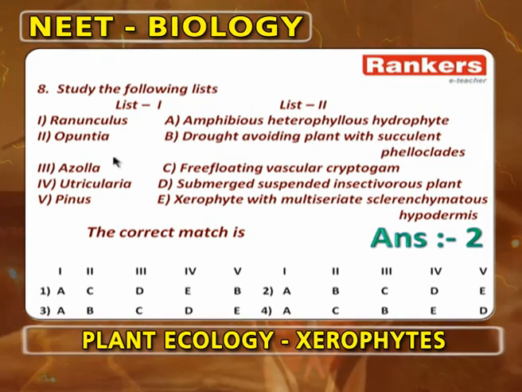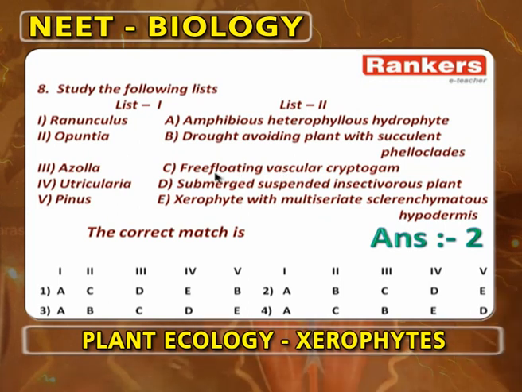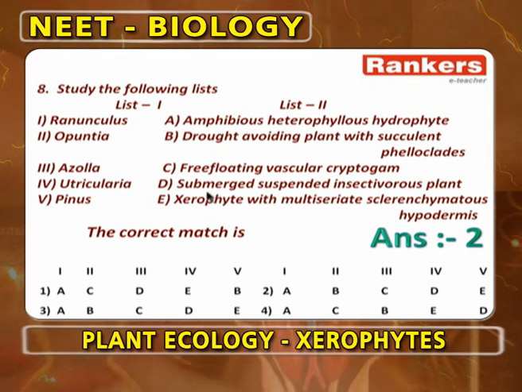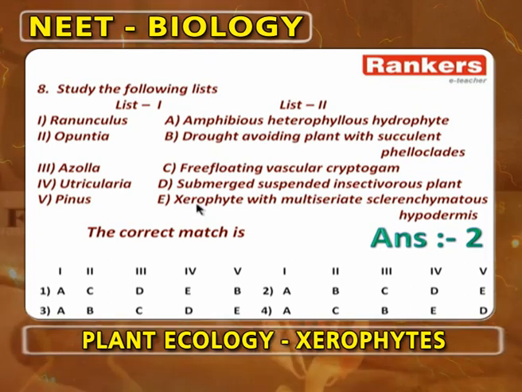Then Azolla, free floating vascular cryptogam. It is a pteridophyte. Free floating vascular cryptogam is correct. Utricularia, submerged suspended insectivorous plant. Pinus, xerophyte with multiseriate sclerenchymatous hypodermis. Multiseriate means many layers.